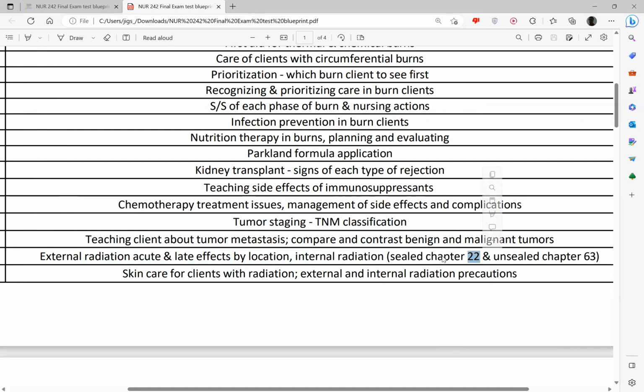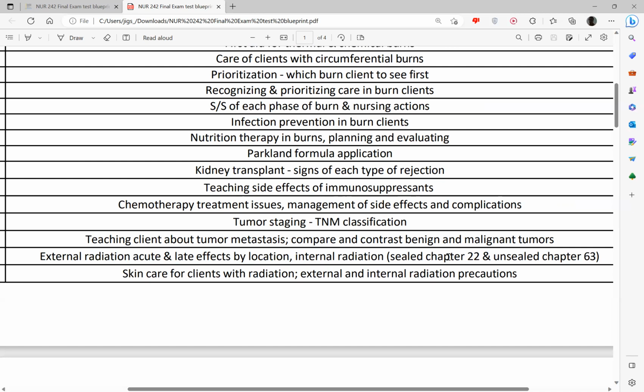Where do you find the difference between the two? Let's start with sealed. Is the sealed radiation dose higher or lower? Higher, that's why it's sealed.